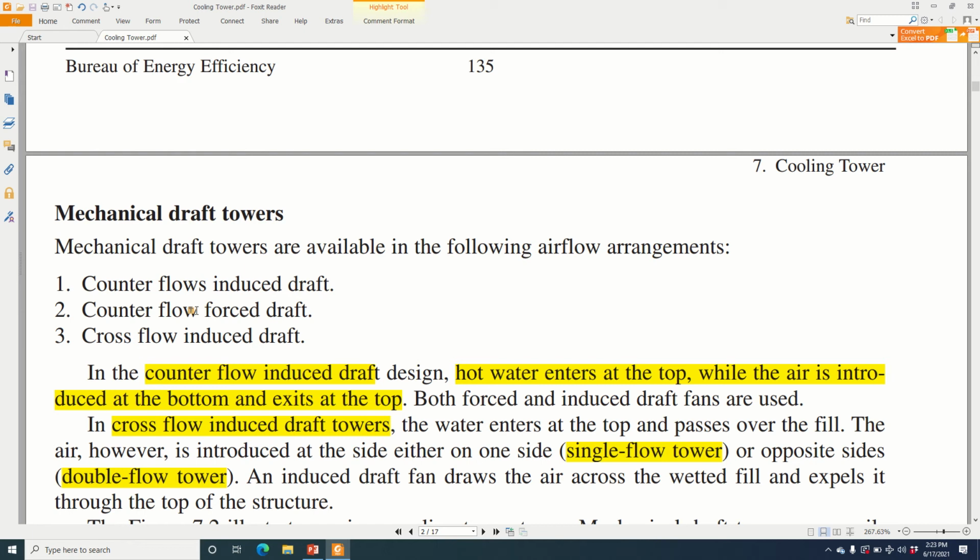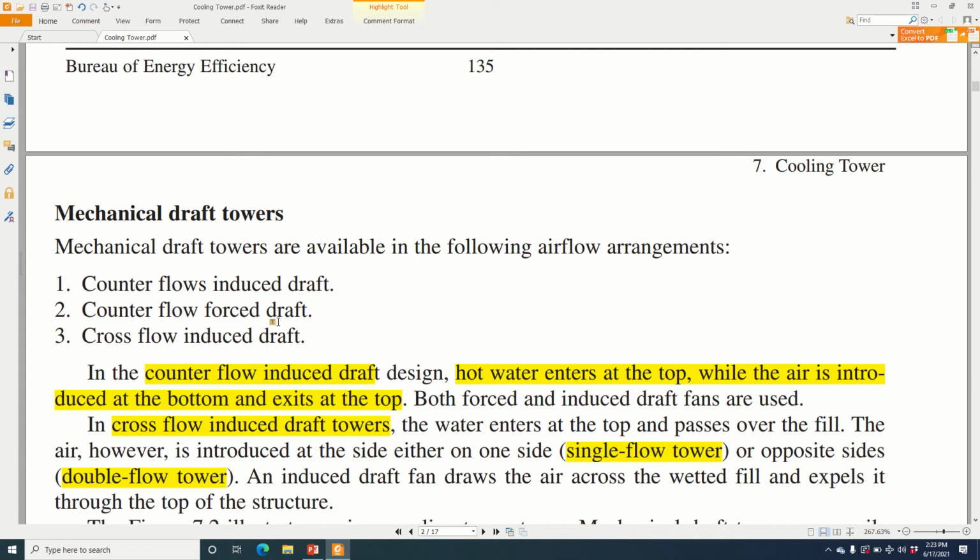In the second type, the air is blown with a positive pressure, and pressure is higher at the outlet, whereas in the induced draft fan, the pressure is higher at the inlet.